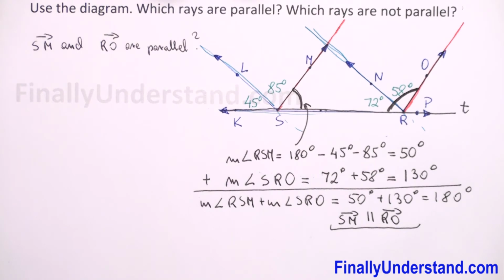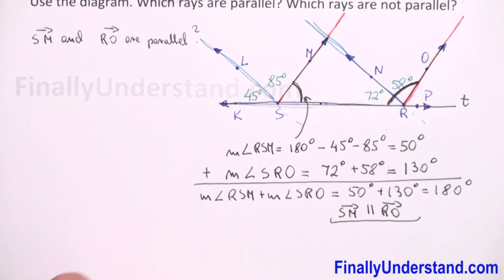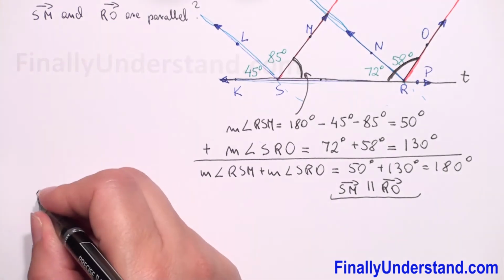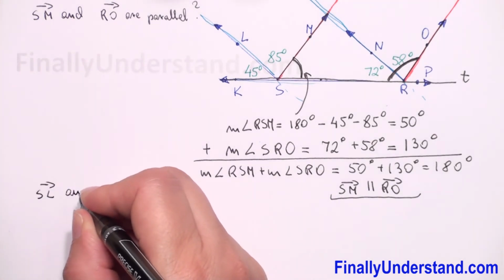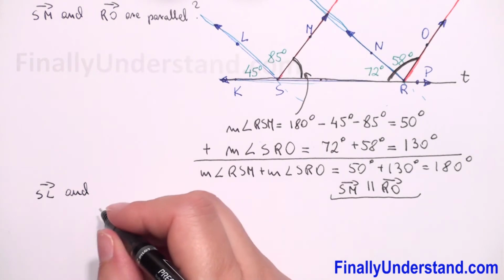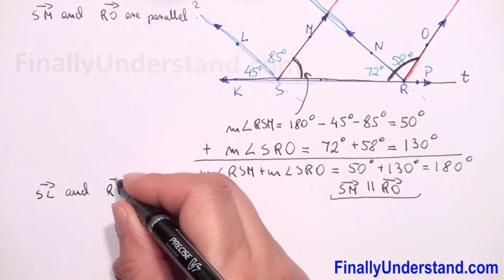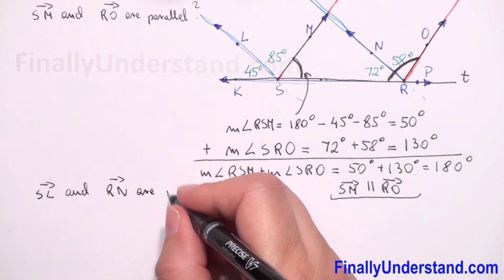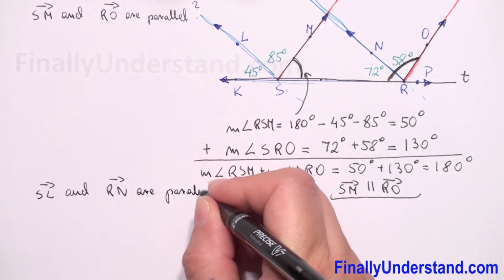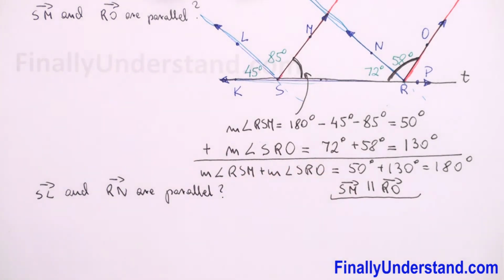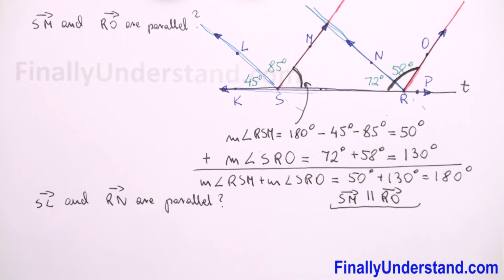Now we will check if rays SL and RN are parallel. So we will use again the same theorem. We will check if the consecutive interior angles are supplementary for these two rays.